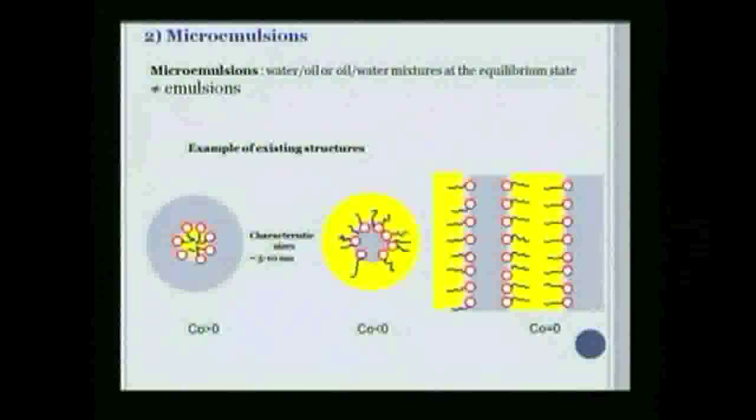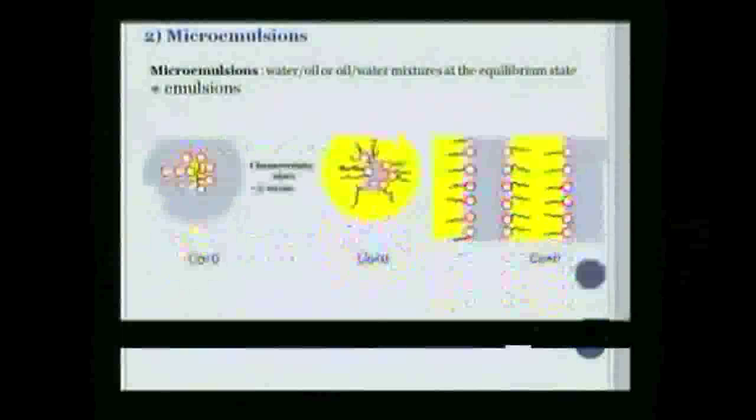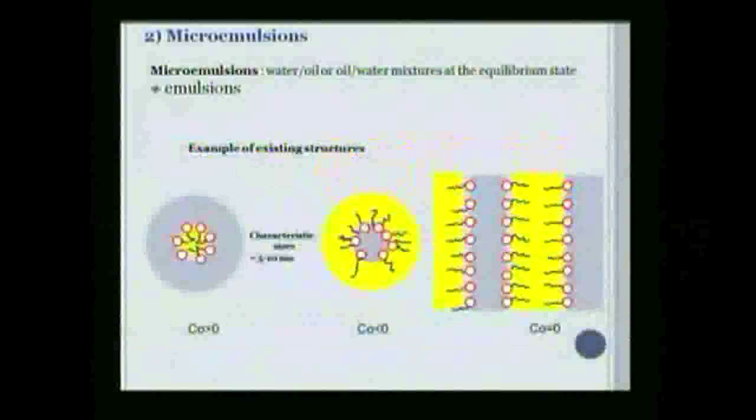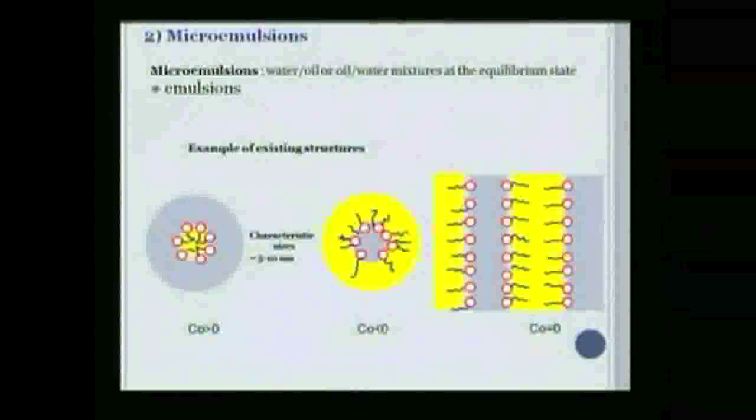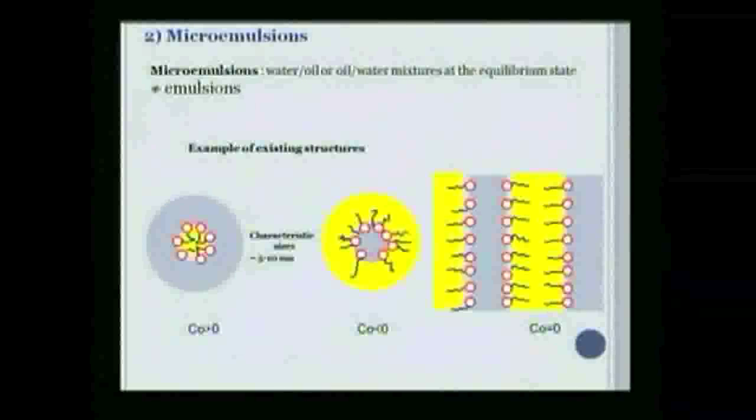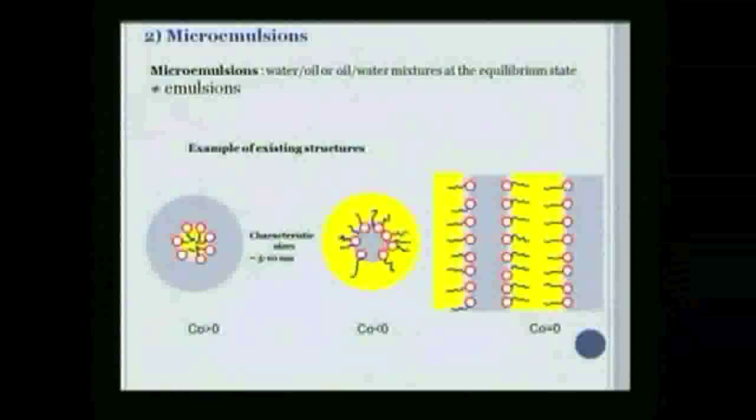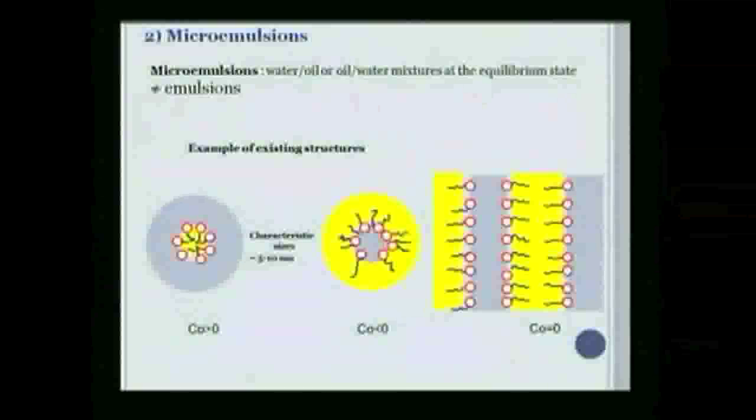And then all we have said before concerning the phase diagram, you have the same arguments to describe the phase diagrams that you can obtain with microemulsions, because the systems are equilibrated. Depending on the spontaneous curvature of the surfactant, you will have direct micelles with oil inside, water outside. Inverse micelles if you go to negative spontaneous curvature, with oil outside, water inside.